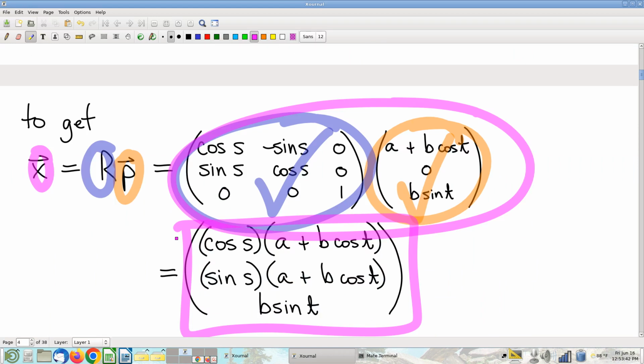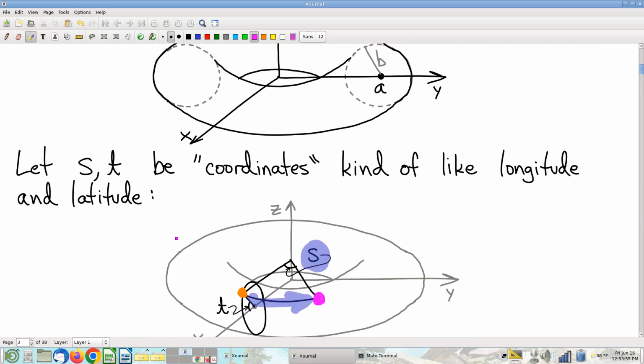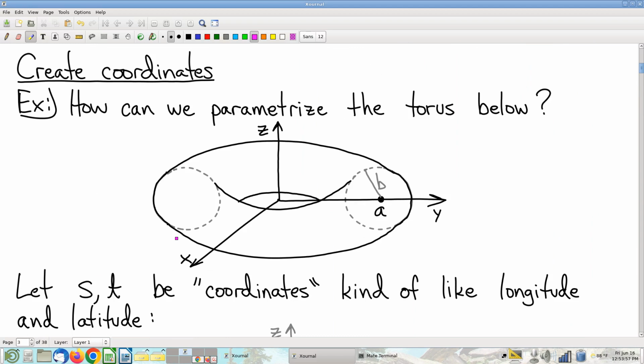Everybody happy? All right. So now it's easy to get lost in this example. There's a lot going on. There's some trig, there's some linear algebra, there's some geometry, right? So the big idea of this example, the whole reason I brought it up, is just as a reminder: we started with this question of how do I parameterize a torus?